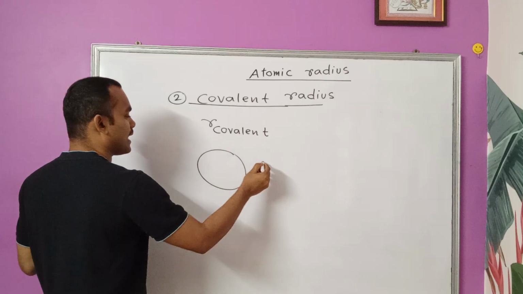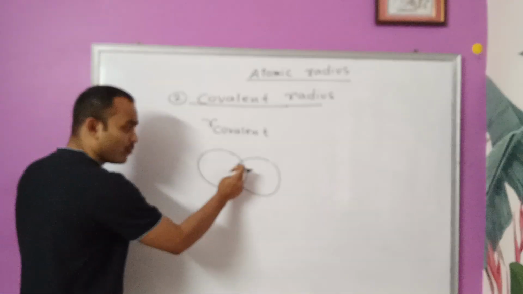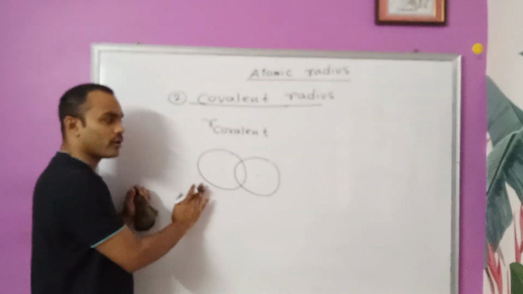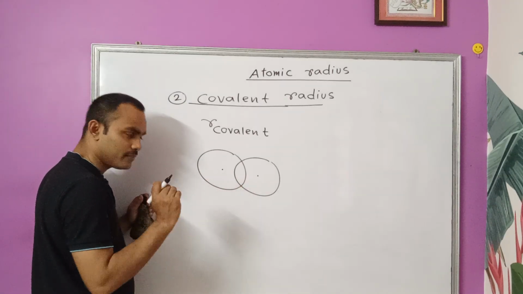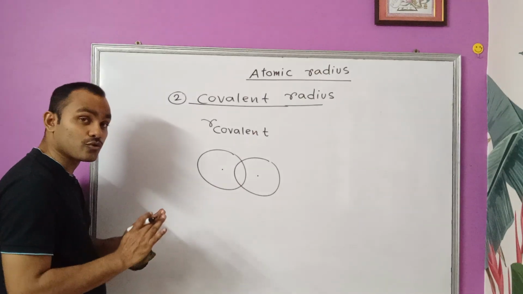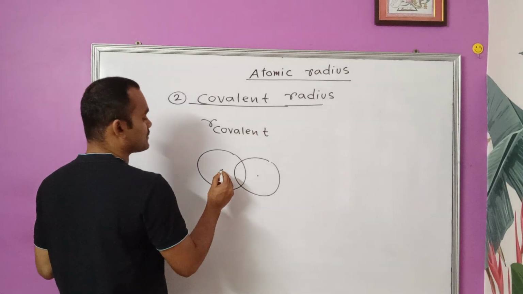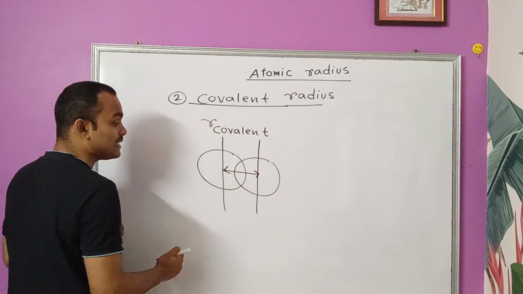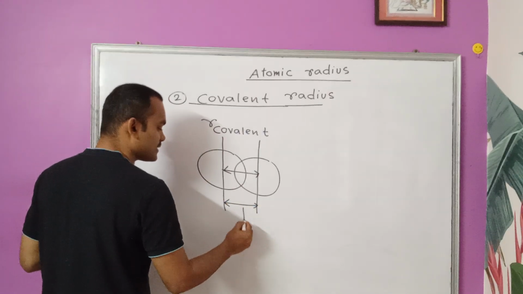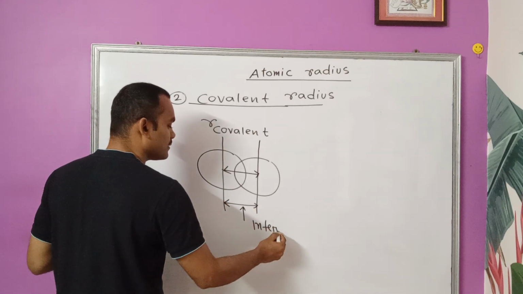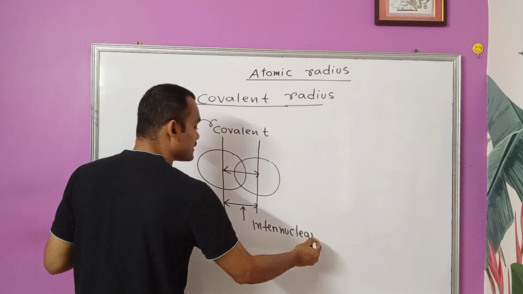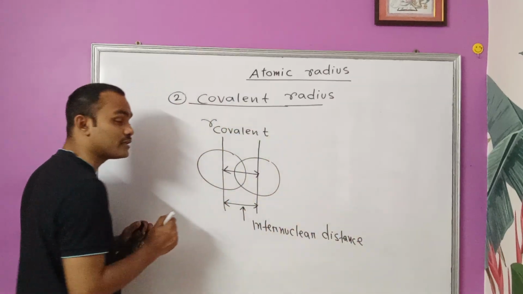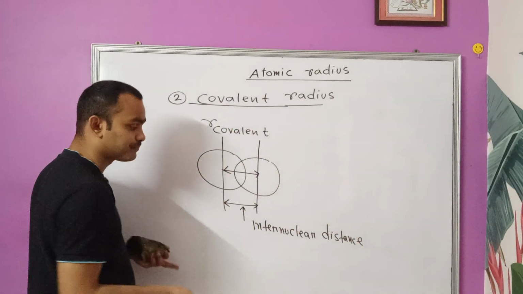This is one atom and another atom overlapped, with the overlapping region, this nucleus and the other nucleus. The distance from here to here is called the internuclear distance. This internuclear distance is called the bond length, or the diameter.